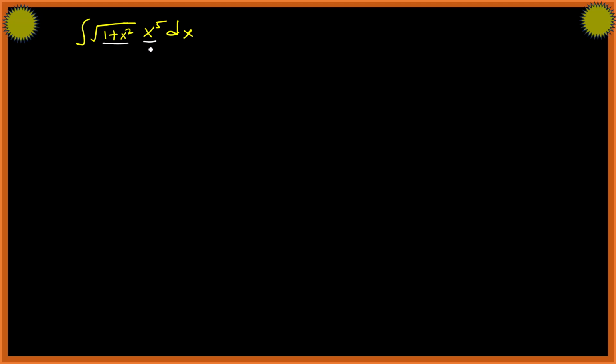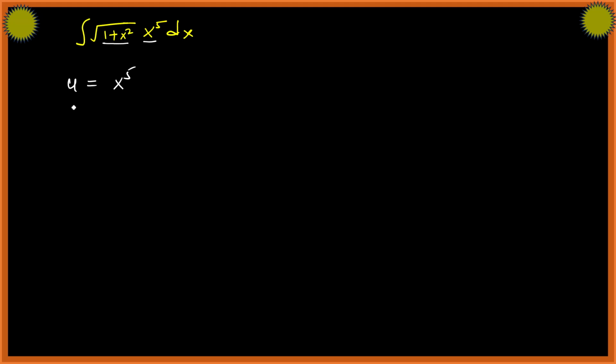Now we need to do our substitution, so we need to choose our u here. If I take u as x to the power 5 and I take the derivative here, the result won't have a link here.